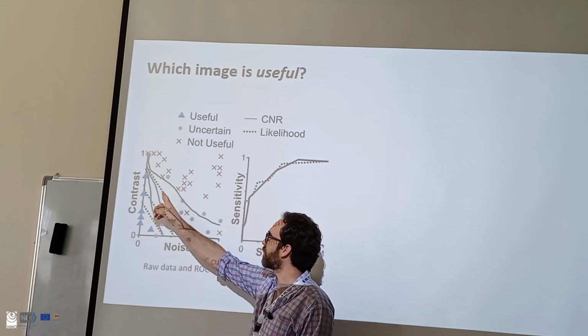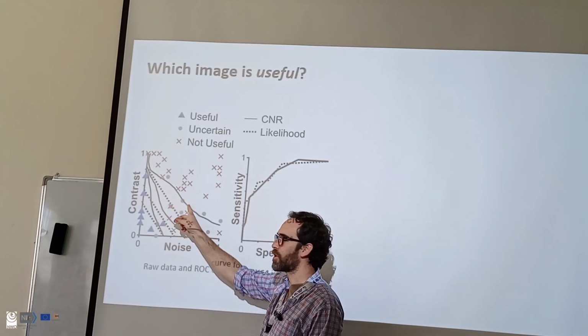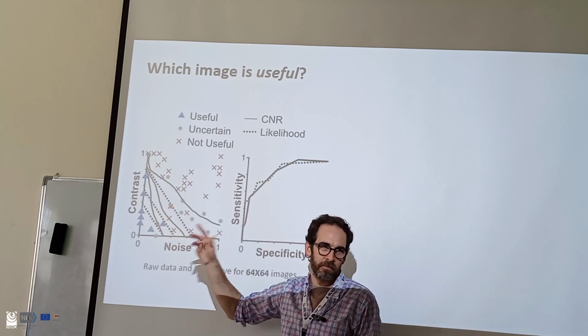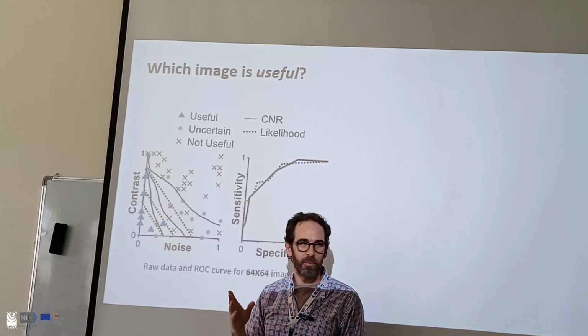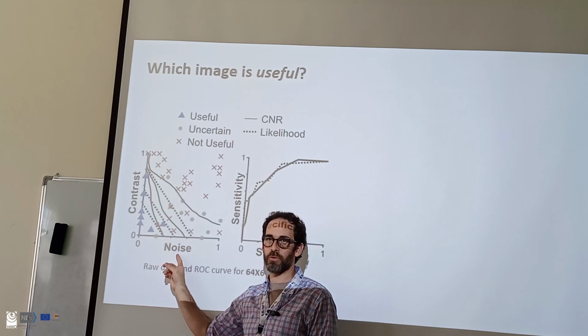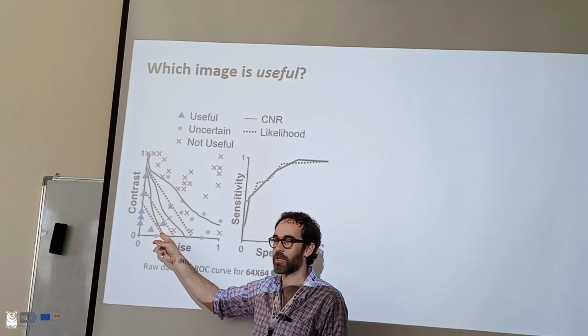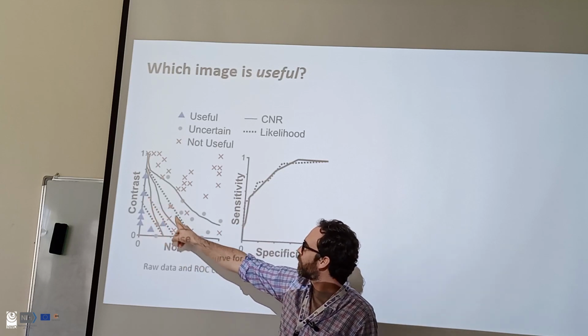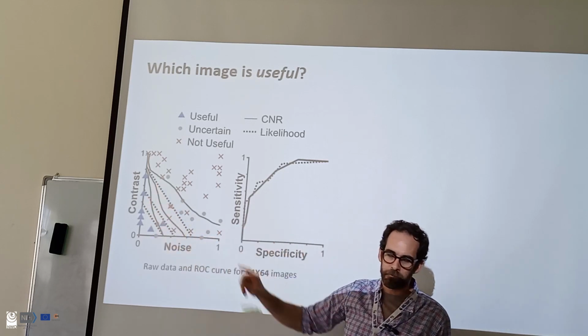So I calculated the contrast to noise ratio for each point in space and superimposed these lines. Not really that brilliant, right? Because we're plotting contrast and noise, so of course the contrast to noise ratio is going to be important in this plot. But I noticed that it lined up pretty well with the statistical method that I used.